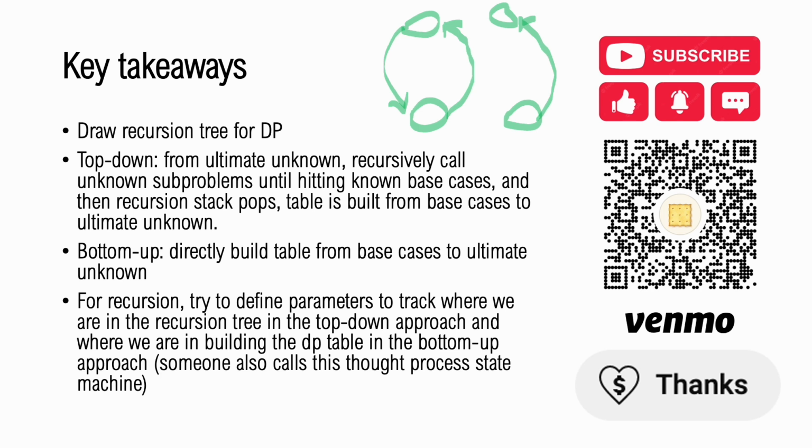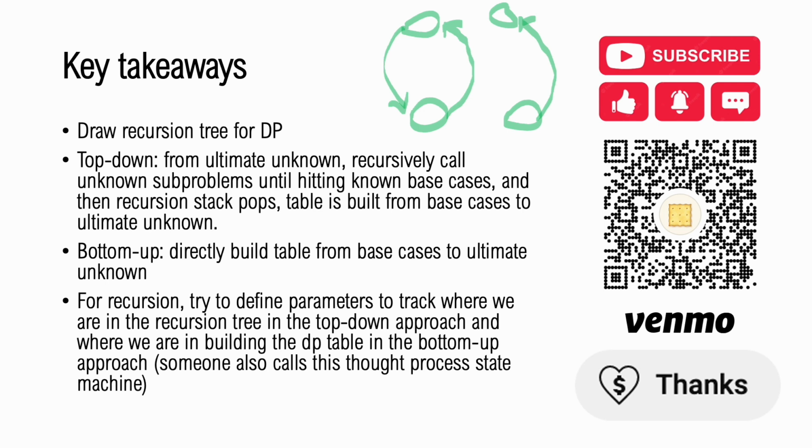And the difference is in the top-down approach, you will rely on a recurrent stack. First, you recursively call and build up the recurrent stack, and then the recurrent stack will start popping, and then it will automatically help you build the DP table.